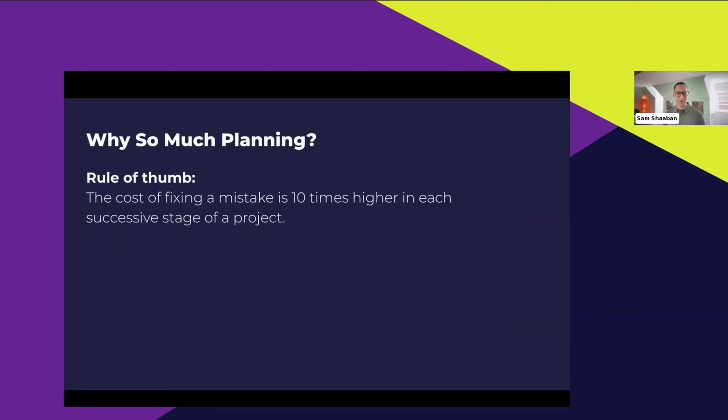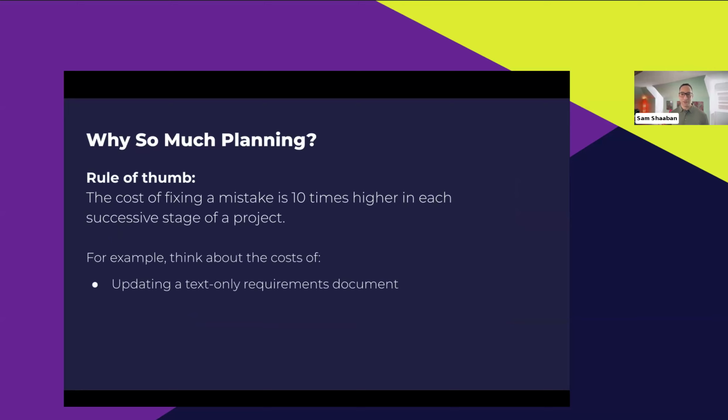So, let me give you an example. What do I mean by this? Think about you're talking to your team and you're jotting down some requirements of a thing that you want to build. You've got an app that you want to build. Well, you come up with a reason why a lot of that's wrong. In your third meeting, the cost of updating that text-only document is minimal. You're modifying a Word document.